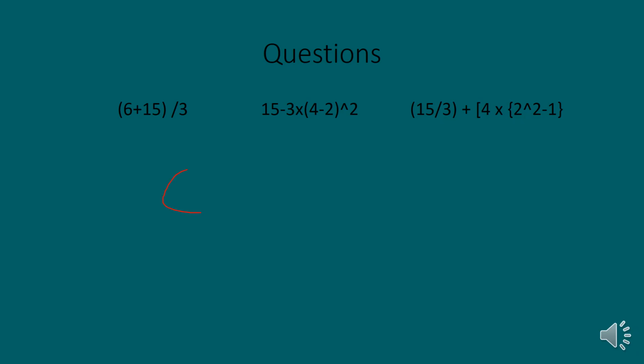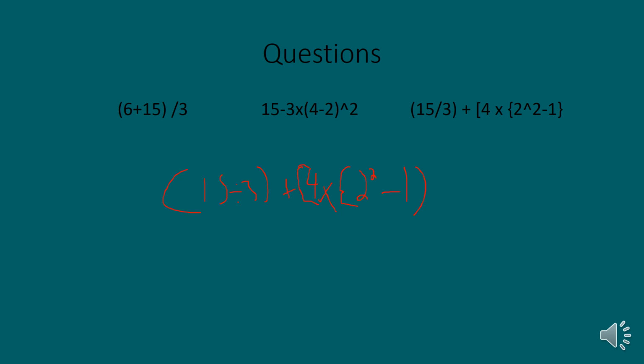So, brackets, 15 divided by 3, plus 4, and then brackets around the 4. Another bracket, times 2 to the power of 2, and then minus 1. Guys, this is quite simple because I've already taught you how to do it. It's just a longer question, all right?